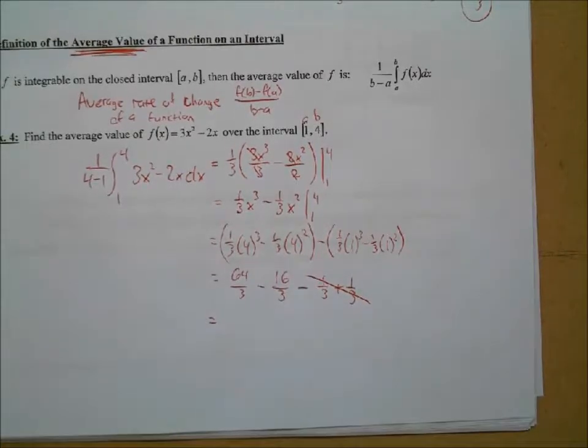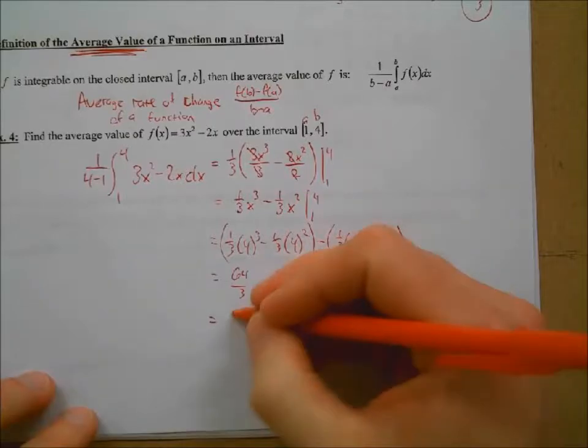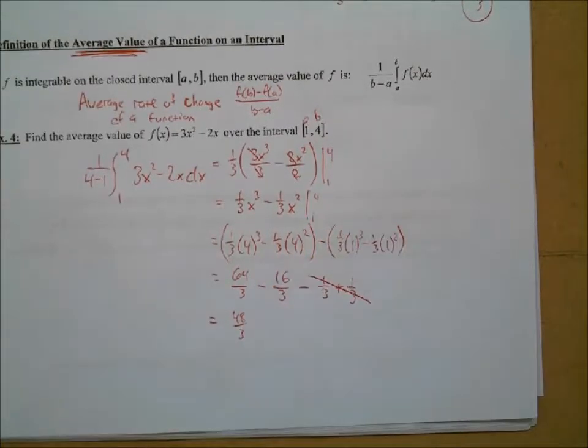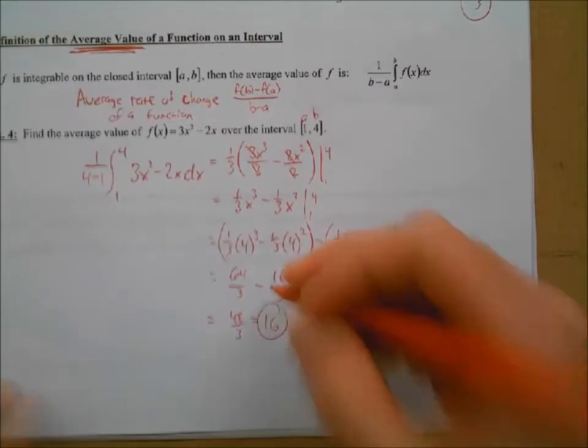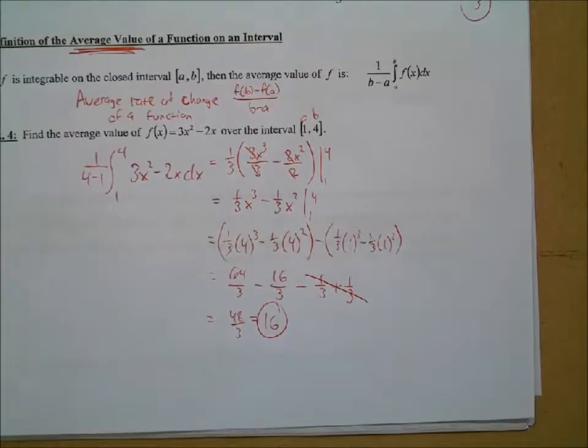And then 64 minus 16 is going to be 48 thirds. But that simplifies further to 16. Okay. Average value over the interval from 1 to 4 is 16. Alrighty.